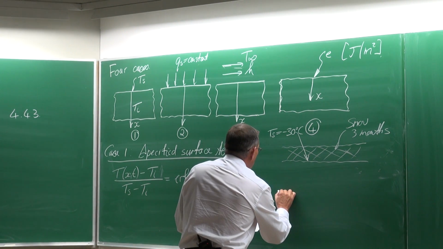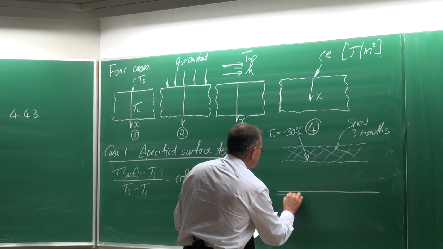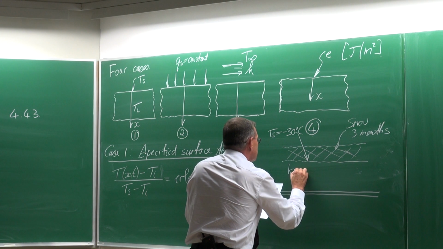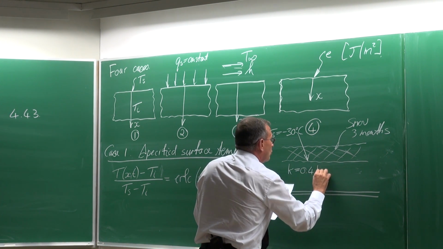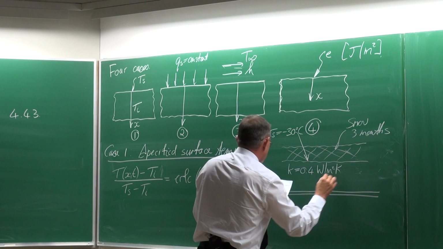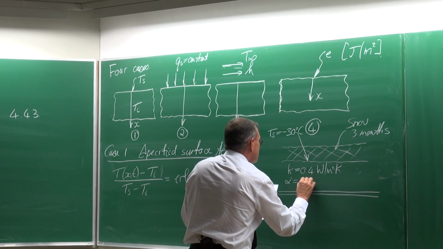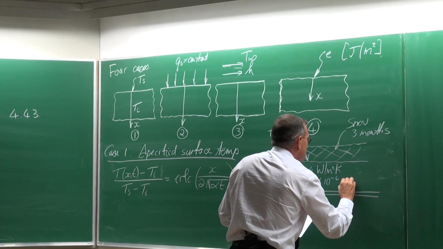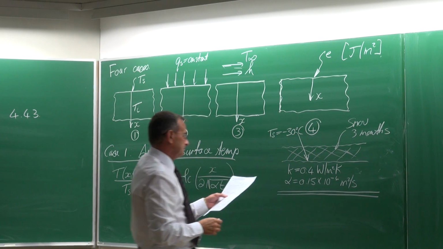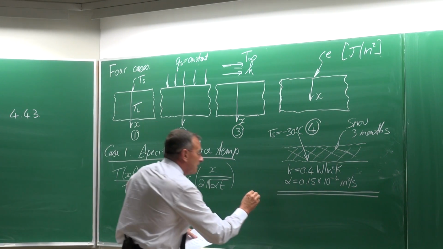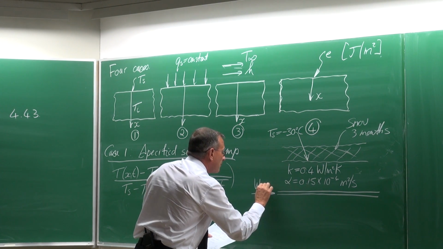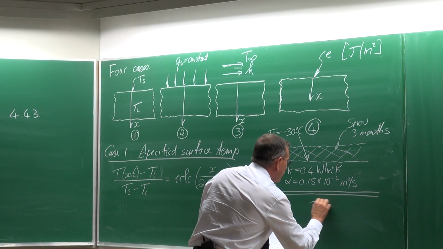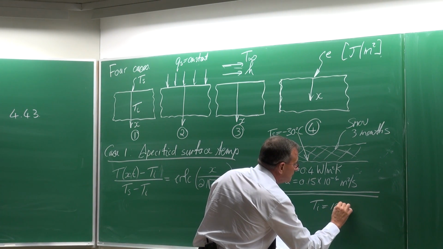And there's a water pipeline under the surface. Okay. And the thermal conductivity is 0.4 watts per meter Kelvin, that of the ground. And alpha is equal to 0.15 multiplied by 10 to the minus 6 square meters per second. And this is the water. And the initial temperature of the Earth is 15 degrees Celsius.